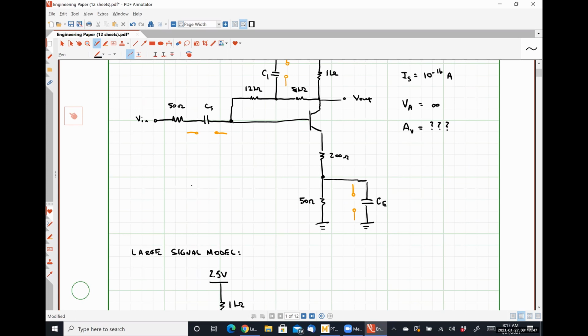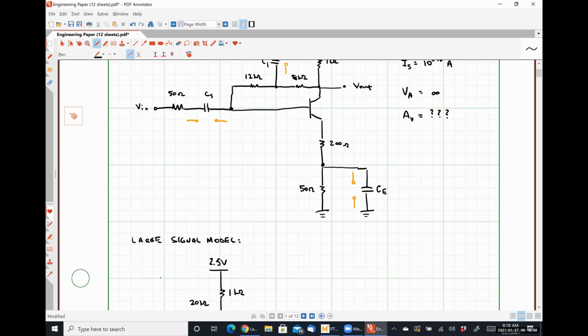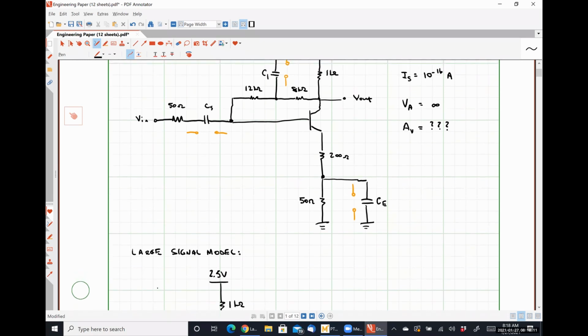Yes. So right now, in the large signal analysis, all of our small signal sources are turned off. Only our power supply voltage is effectively left on here. And if we had any batteries or anything like that in the circuit, we'd leave them on too, but we don't. So that's why VN is gone.